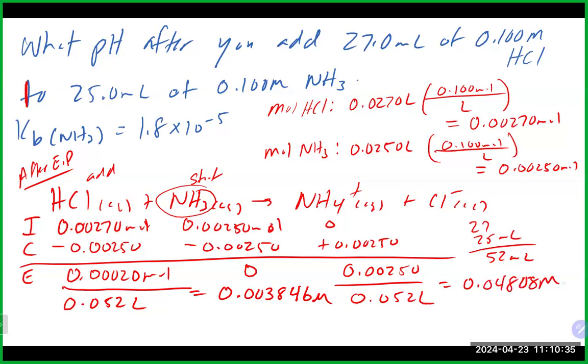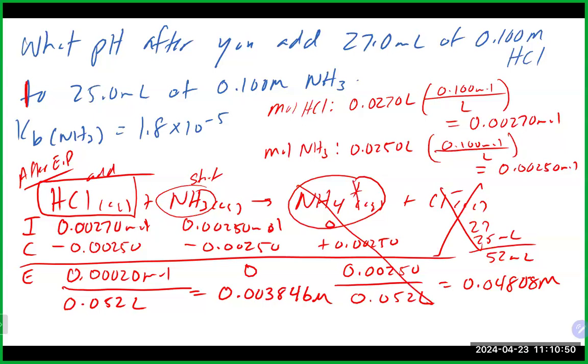At this point, we're not going to worry about this guy. We have basically these two guys left over. As we talked about, and as we know from the start of this ice table, we're past the equivalence point, which means we're not going to concern ourselves with the salt's hydrolysis. That means that we really just have this strong acid left over. And that's going to be the major contributor of H plus, which means that should be our H plus.